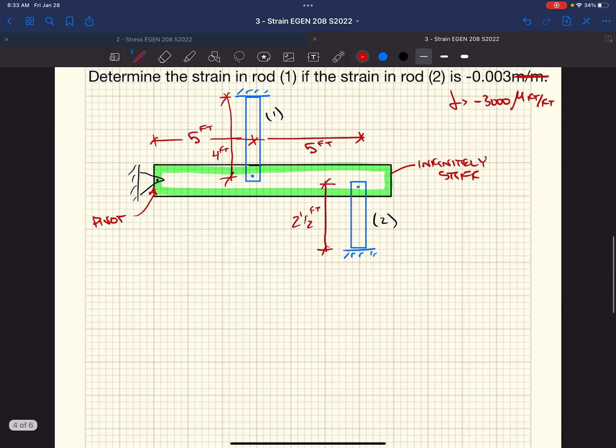So if we look at a simpler model, and we look at the undeformed bar and the deformed bar. I guess this is only as good as I can draw a line.